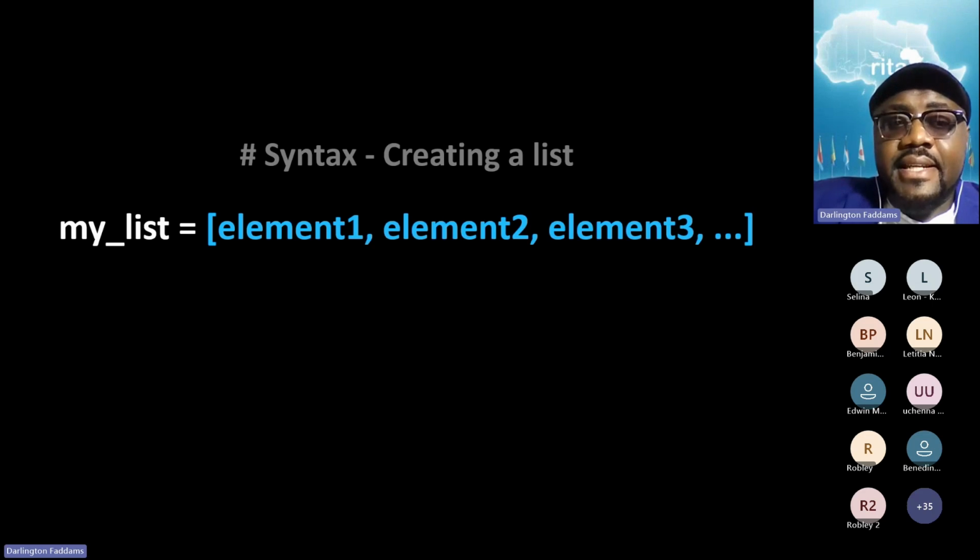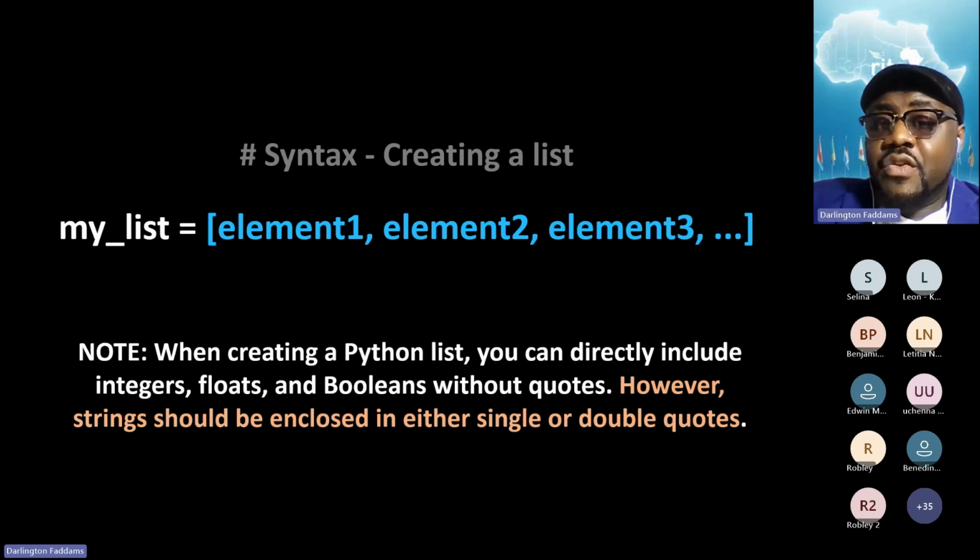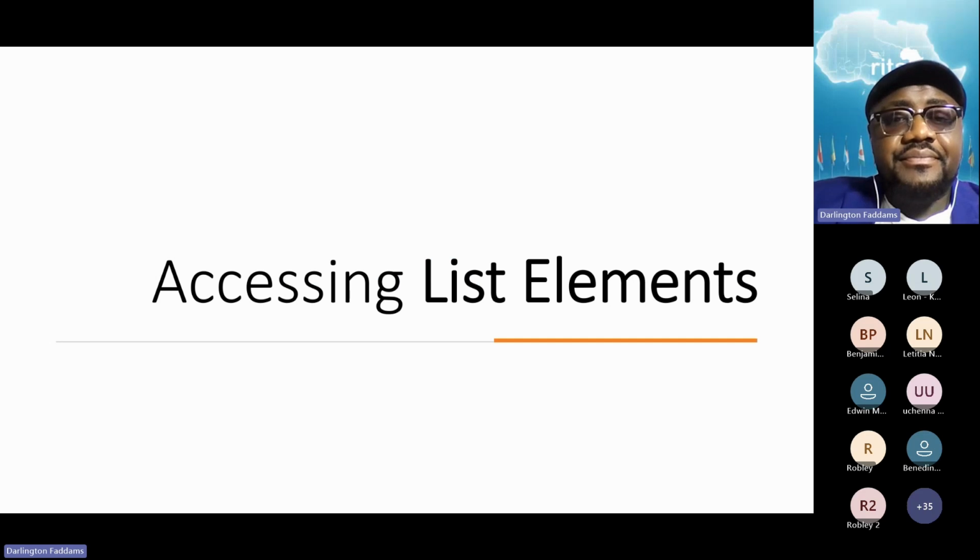So this is how you create a list. And when creating a list in Python, you can directly include integers, floats, and booleans without quotes. This is important because if you are storing an integer, you don't need to put it in quotes. However, if you are storing a string, you need to put it in quotes.